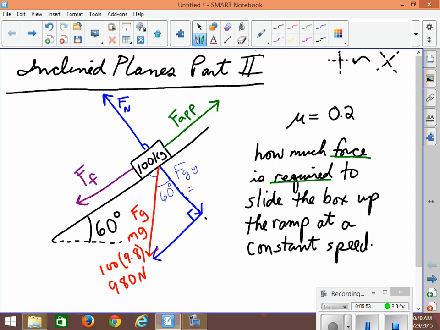And it will be equal to mg, force of gravity, over here, times cosine of 60, which is equal to, in this case, 980 cosine 60. Cosine 60 is a half, so half of 980 is 490. So this will be 490 newtons.